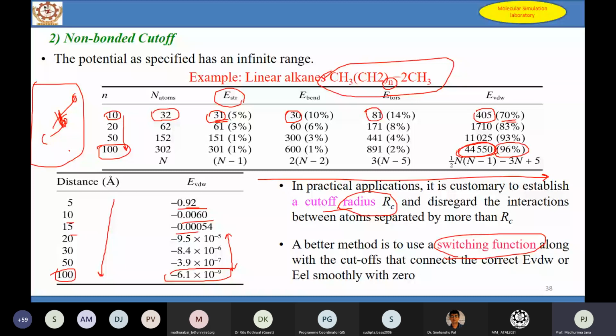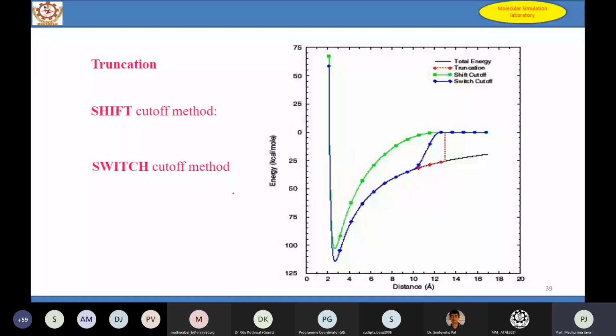In the next slide I have shown some of the switching functions. You can see this is the total energy, shown in black. If you are not using any switching function, the energy converges to zero at long distance. Remember that this is the van der Waals, non-bonded interaction energy I'm talking about.